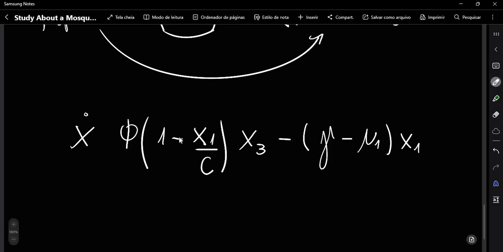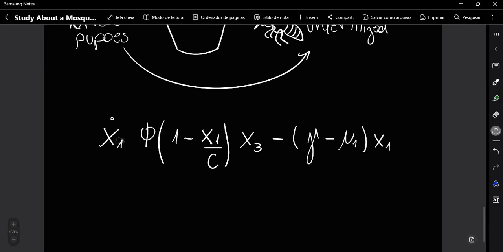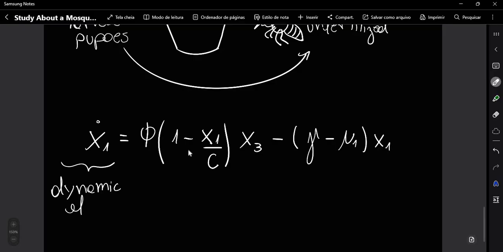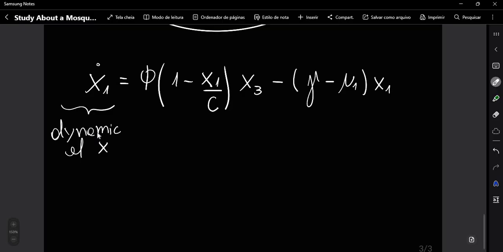So this is the rate of change of x1 with respect to time, the dynamic of x, or the rate, but dynamic is more correct in this context. Rate of change of x.